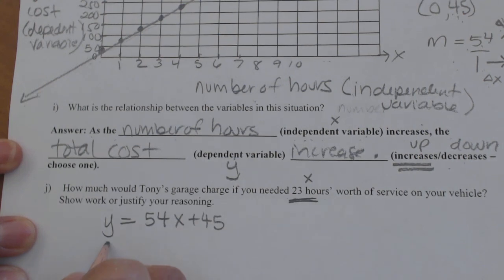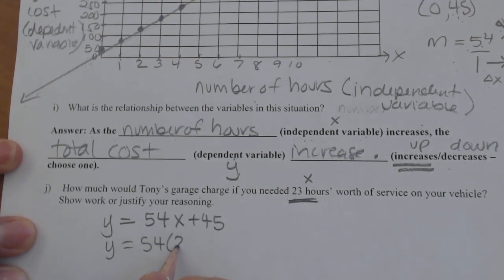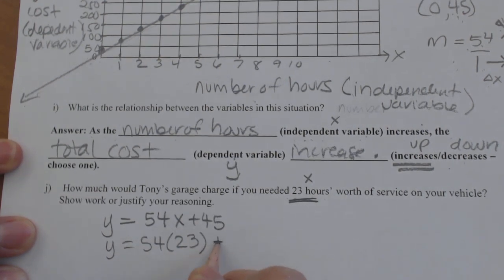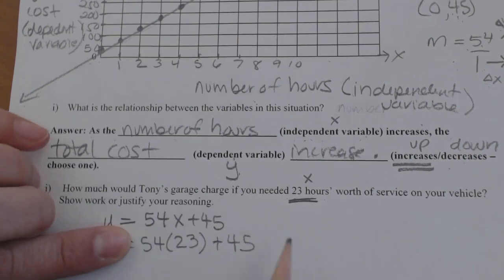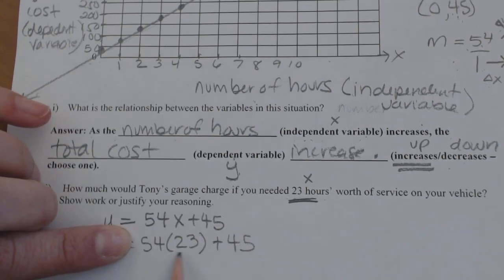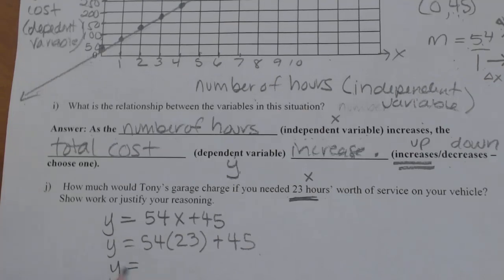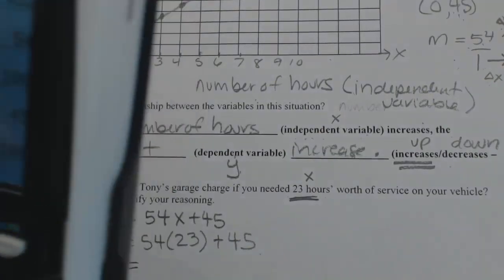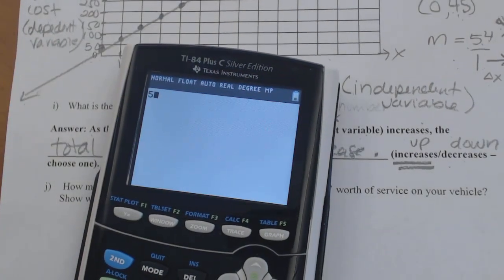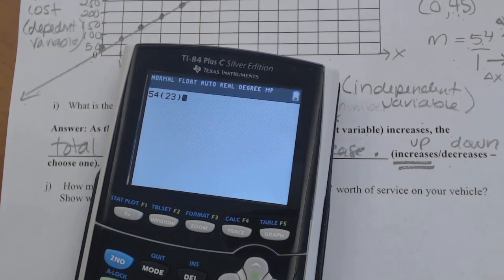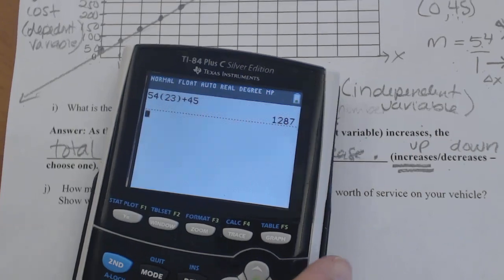Since they gave me the x value, I'm just going to substitute the 23 in for my x. And inside the calculator, you can just put this down and it will give you the answer. So inside your calculator, 54 parentheses 23 plus 45, that's going to give you an answer of 1,287.